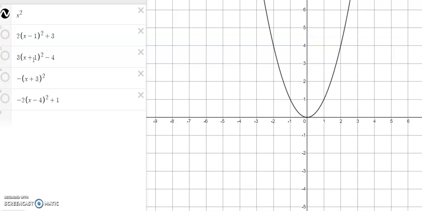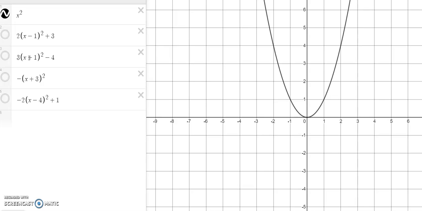So the next one, we've got a 3 out front, a plus 1 on the inside, a minus 4 on the outside. So the 3 out front, when we multiply by 3, that's going to make it taller, which looks more narrow. Okay, so taller. Plus 1 on the inside, that's going to take us left or right. It's opposite what we'd expect, so it's going to take us left by 1.